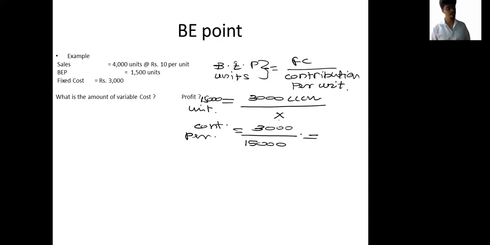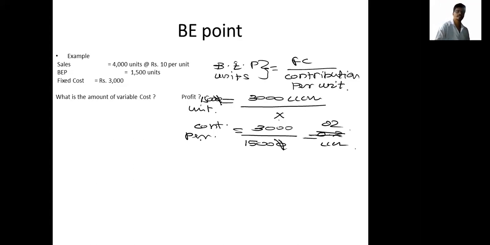That means contribution per unit 0.2. Let me check, I may be wrong. The fixed cost is 3,000, and BEP is 1,500, sorry. Dividing by 1,500, therefore rupees 2.